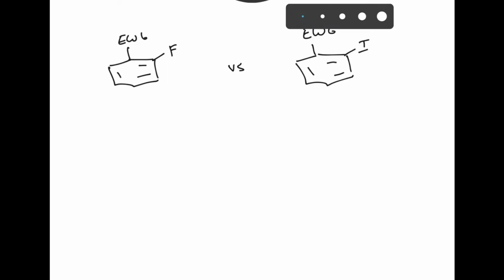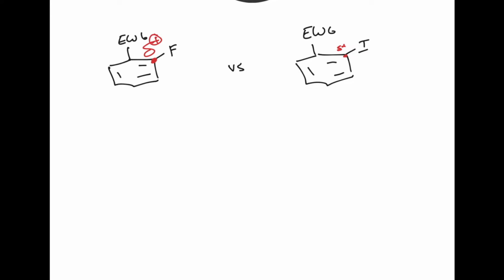Right, fluorine's really electronegative. So it's going to make this carbon right here really positive. It's going to have a big positive charge on that carbon. Iodide is significantly less electronegative, so it's going to make this carbon itty bitty positive.